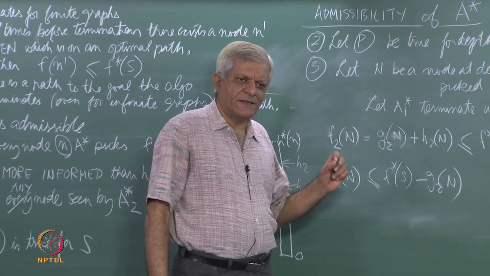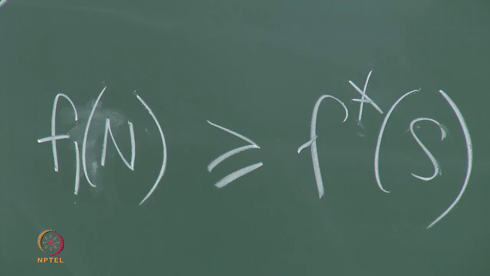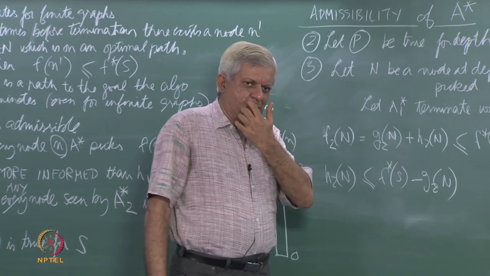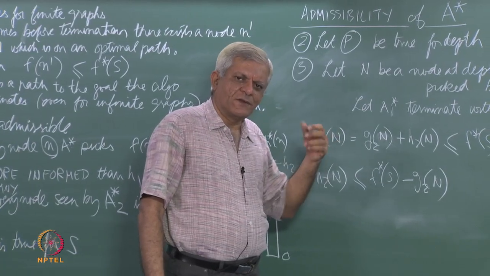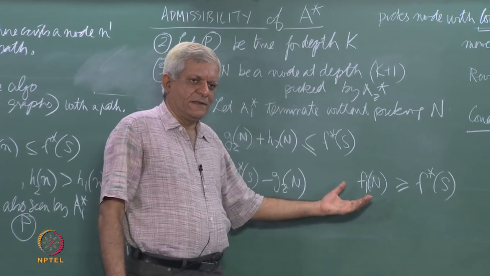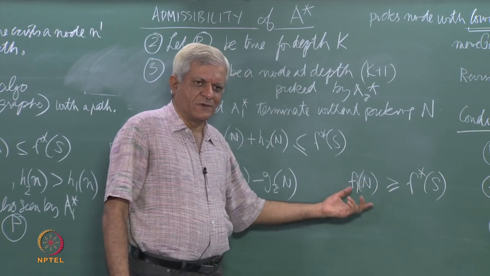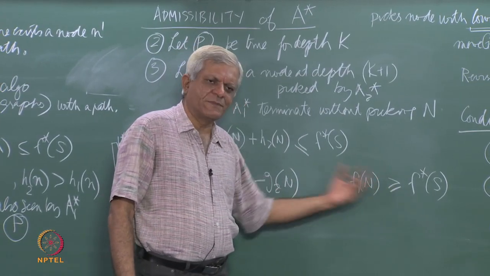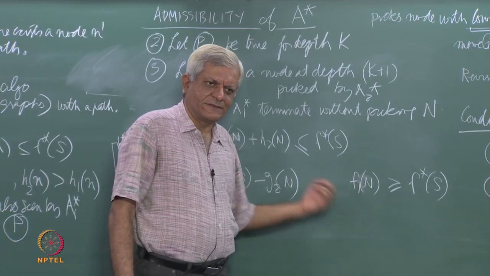It cannot be less than f star of s, because A1 star has terminated, and it will terminate by picking a node with the optimal cost value, and it has not picked n. So, this inequality must hold, that it must be at best equal to that, but it cannot be less than that essentially.